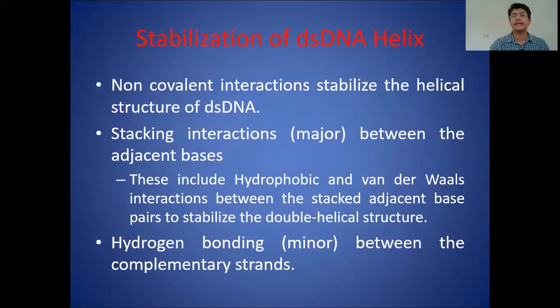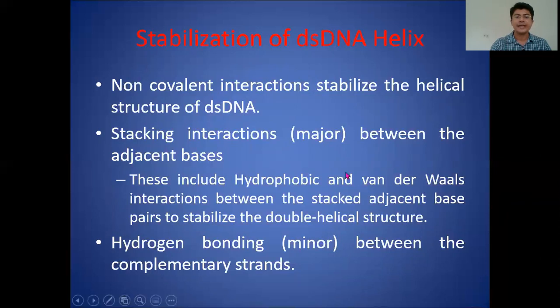How is the double-stranded DNA helix stabilized? The stabilization occurs through non-covalent interactions between the stacking bases. So stacking interactions contribute majorly for the stabilization of the helix. Stacking interactions between the adjacent bases and the hydrogen bonding between the complementary strands contribute to the stable structure of the DNA helix.